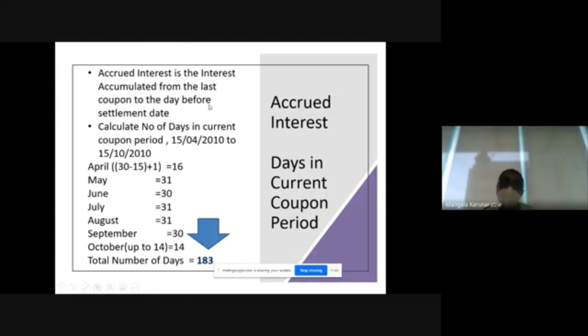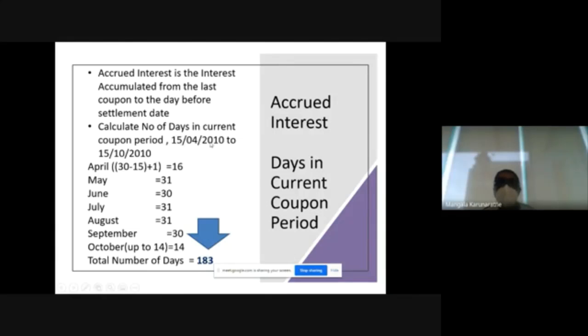Now to perform this calculation, we need to know the number of days in the current coupon, that is 15/4/2010 to 15/10/2010. I have given the calculation here. The last coupon was paid up to 14th April, since they pay on the 15th.